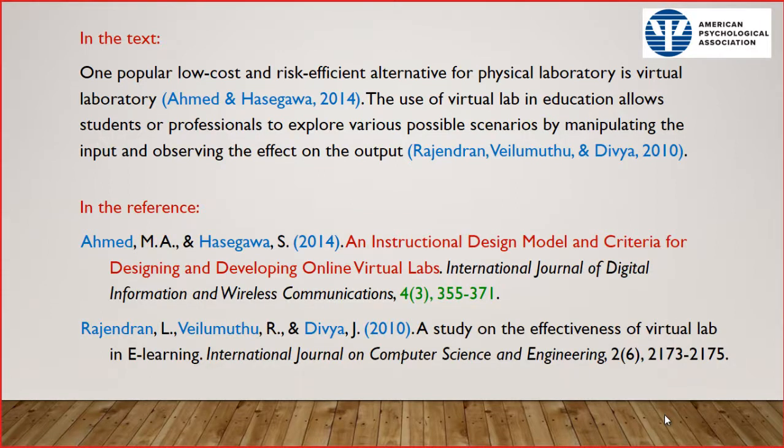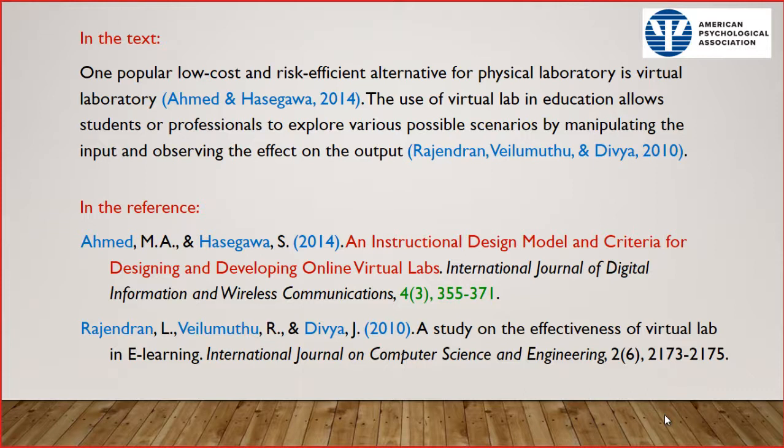Another form is the citation in the reference. The reference normally is at the back, the last part of the research proposal. If you are writing a thesis, the reference is the last chapter, meaning that after the conclusion, you have the reference.